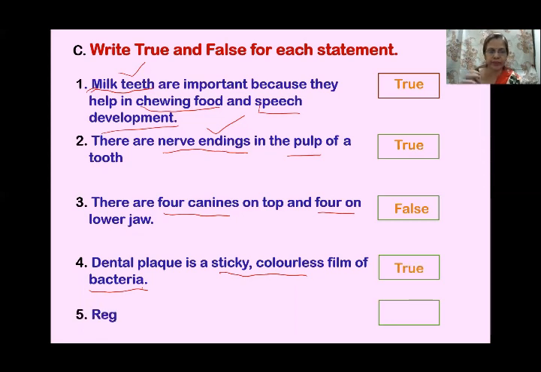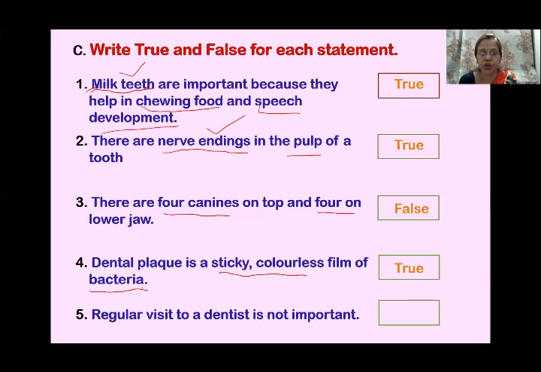Next question is, regular visit to a dentist is not important. The doctor who takes care of our teeth is known as a dentist. So, regular visit to a dentist is not important. Is it right or wrong? It is wrong.